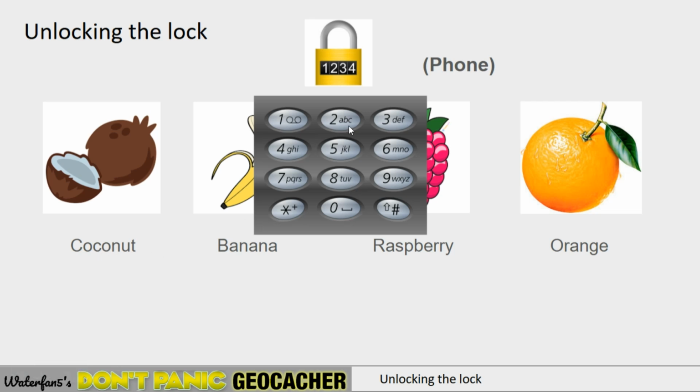So the C would be the 2, the O would be the 6. And again, if we only use the first letters, then we get 2, 2. R is on the 7 and the O is on the 6. So we get 2276. Or again, we can do the full word and calculate where all the individual letters fall, take the digital root, and now use that as the code.